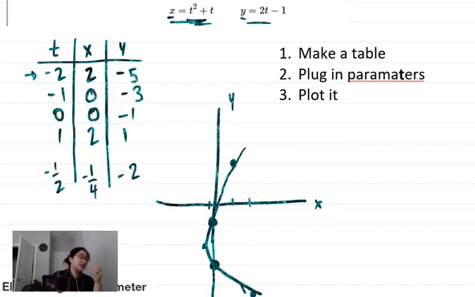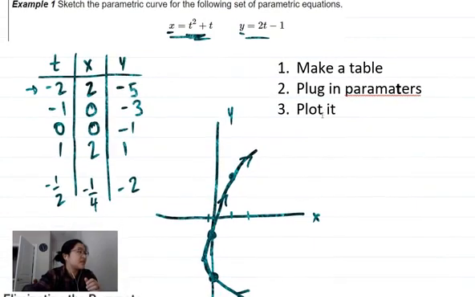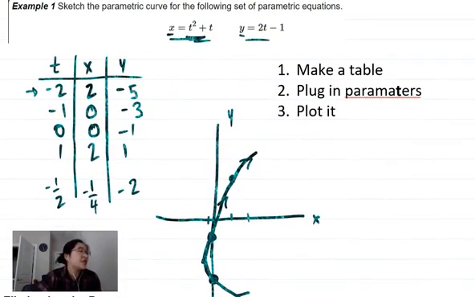And we actually started here, and we do get a direction, because as our t values are going up, our curve is going that way. So if it was a bumblebee, starting here at time t = -2, and then following that curve. Okay, so now we have successfully sketched the parametric curve for this set of parametric equations.